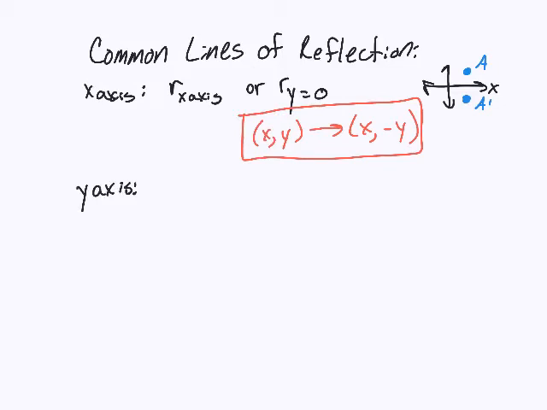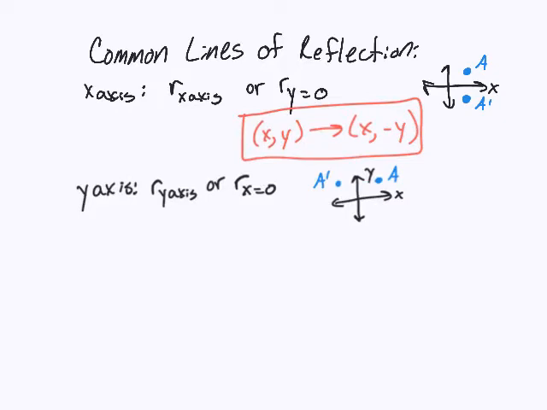The second line is going to be the y-axis. In notation, you could say reflect across the y-axis, or reflect across the line x equals 0. If I drew a picture of that, again we have our x and y axis. If I have point A and I reflect across the y-axis, then A prime is going to be on the other side.